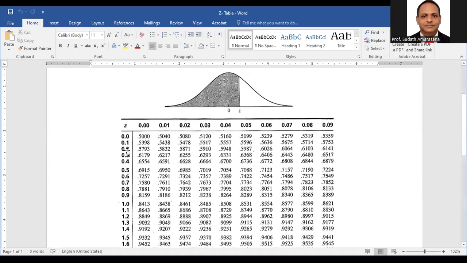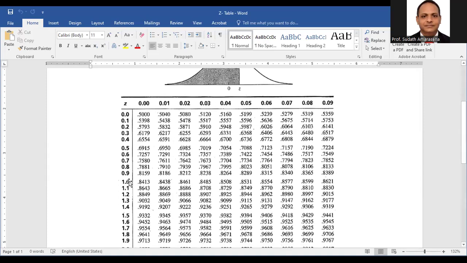Using the Z column, get the maximum value. If you consider the Z table, you can find 1.0 maximum, because we require 1.09. Don't take 1.9, right? Because we need the Z table value for 1.09. Then you can get 1.0 from the first Z column. Now we require another 0.09. Go to the top of the columns. You can see the last column, 0.09.